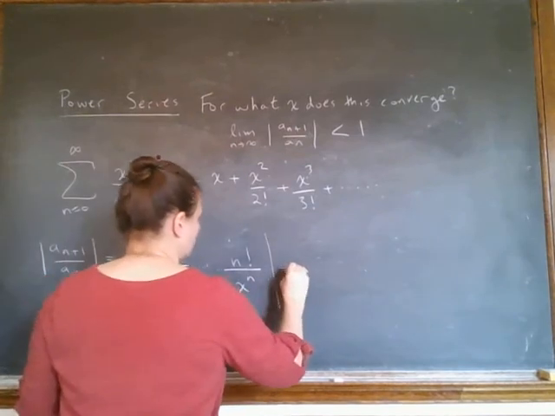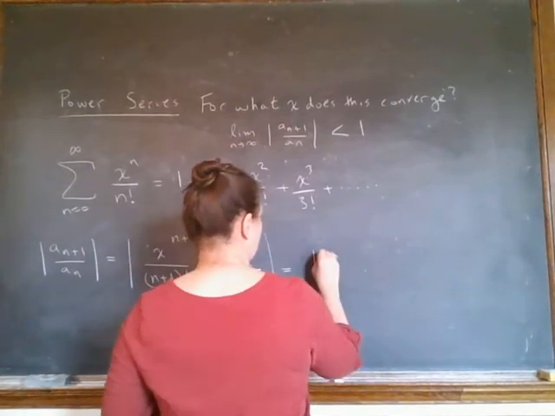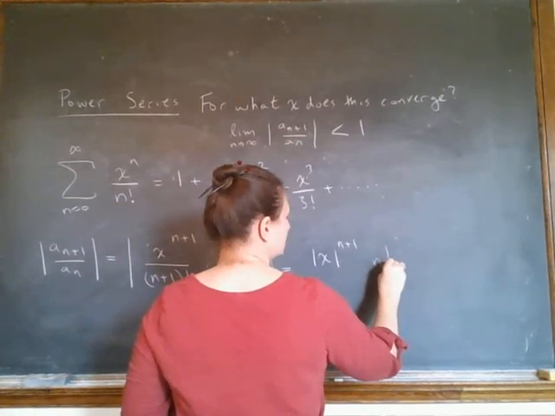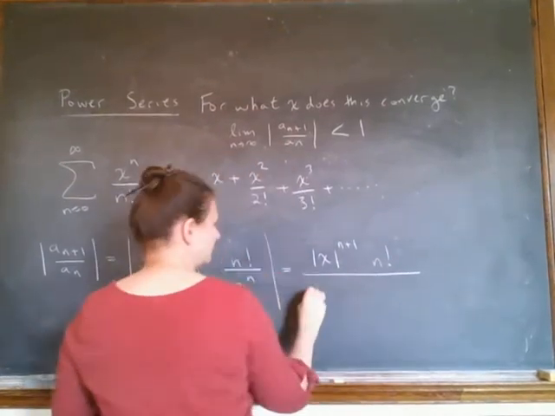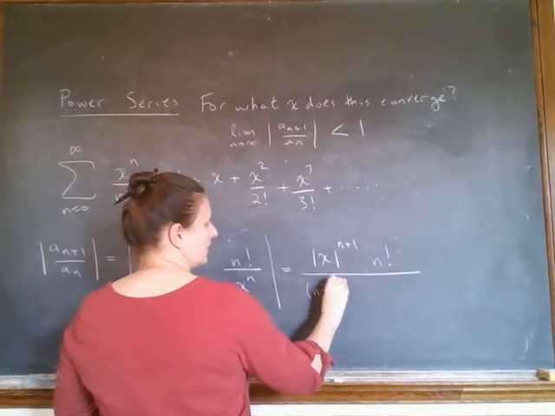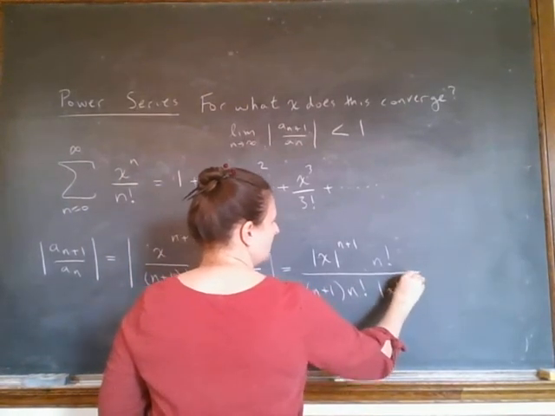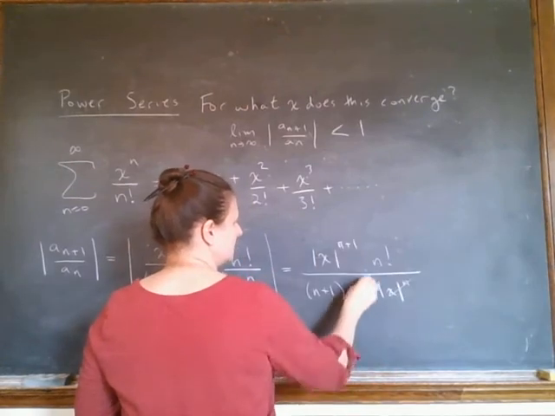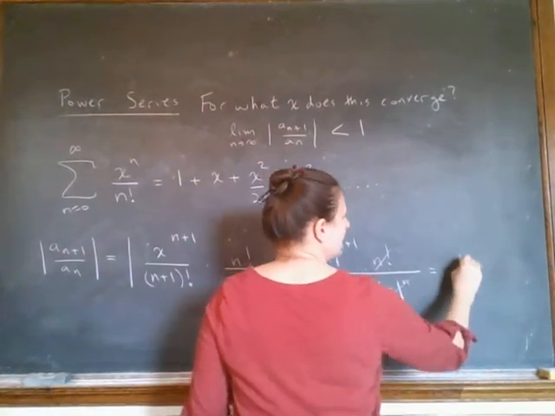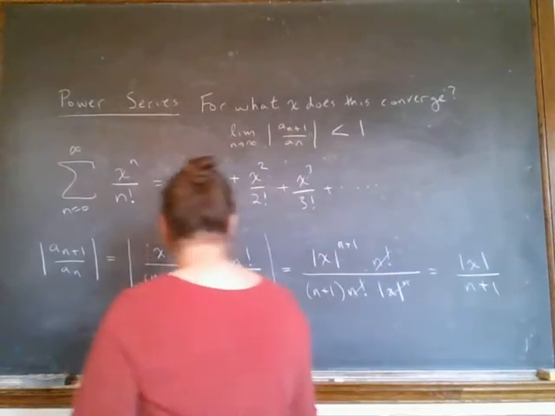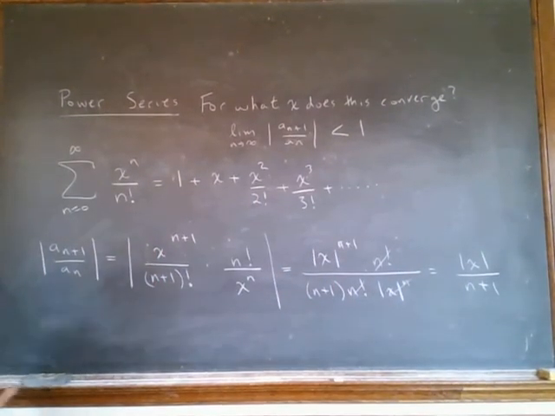Okay? So rewriting this, x to the n plus 1, n factorial over here. Underneath, I've got n plus 1 times n factorial and the x to the n. This guy goes, this guy goes. I have absolute value of x over n plus 1. When I take the limit of that, it's going to go to 0.